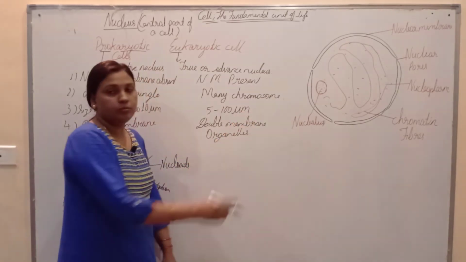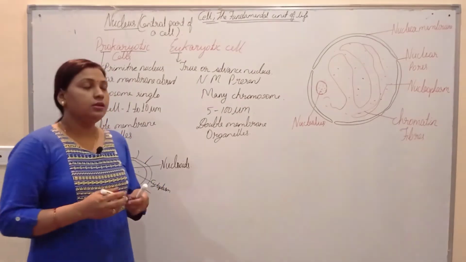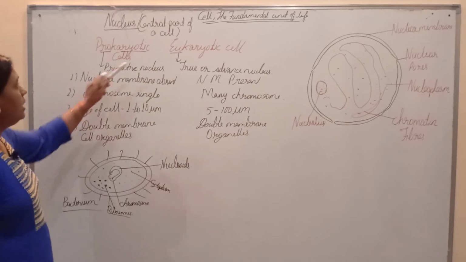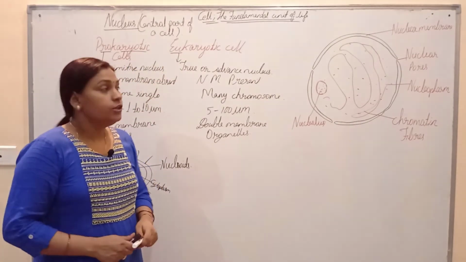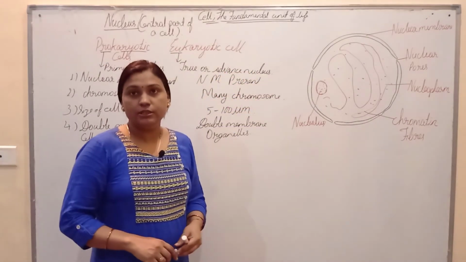What are the double membrane organelles? They are plastids, mitochondria, etc. All are absent in prokaryotic cells, while in a eukaryotic cell a well developed nucleus is found. This diagram is of eukaryotic cells.